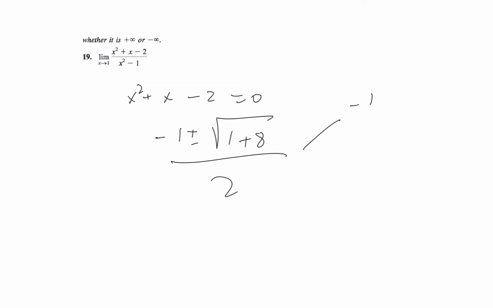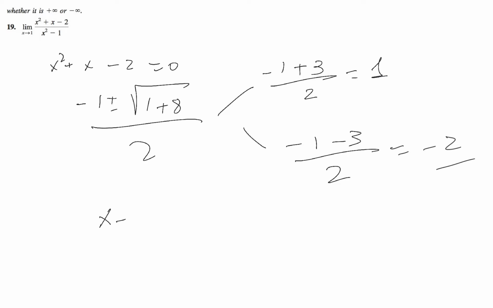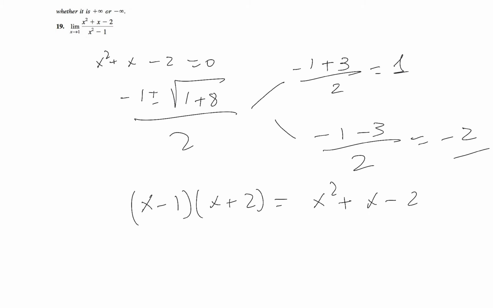This is minus 1 plus the square root of 9, that is 3, divided by 2, which gives 1. And this is minus 1 minus 3 divided by 2, which gives minus 2. So the polynomial x squared plus x minus 2 is x minus 1 times x plus 2.